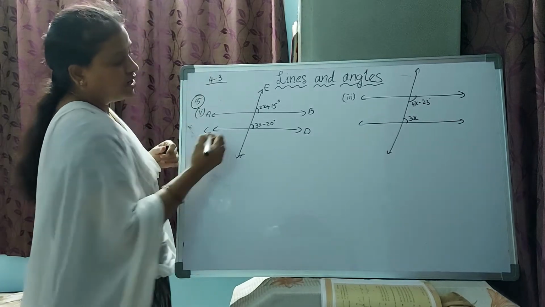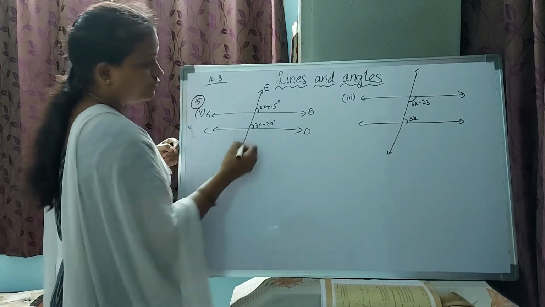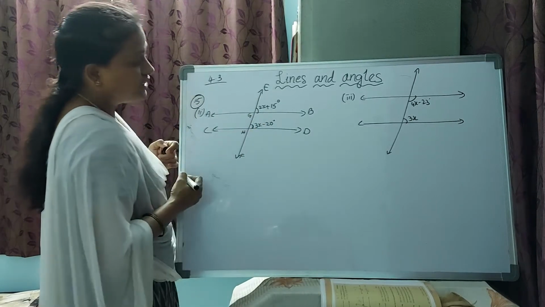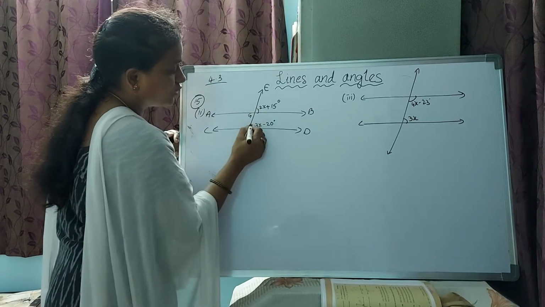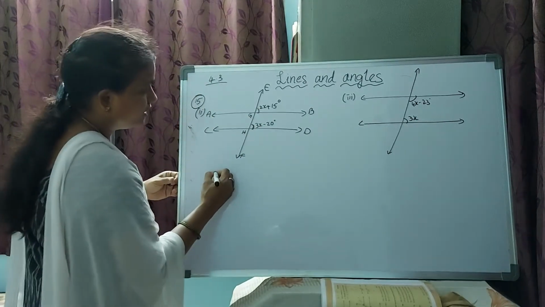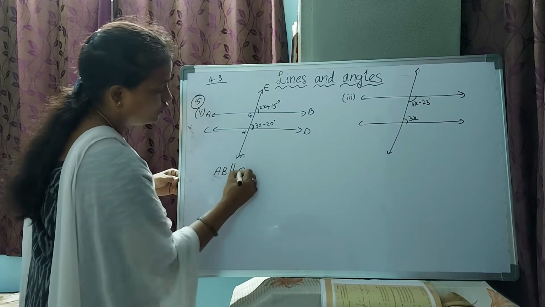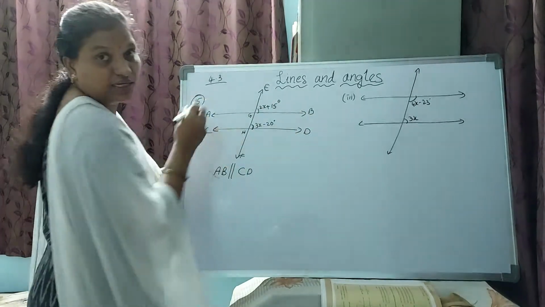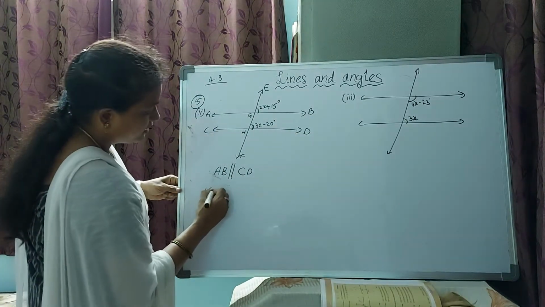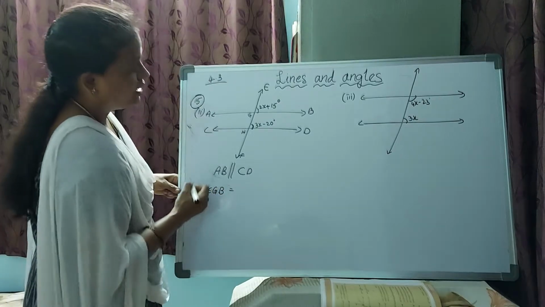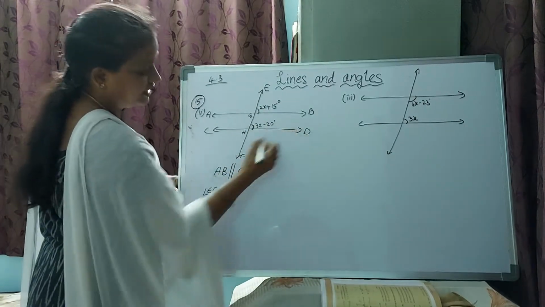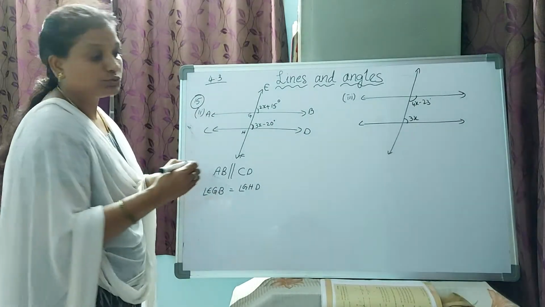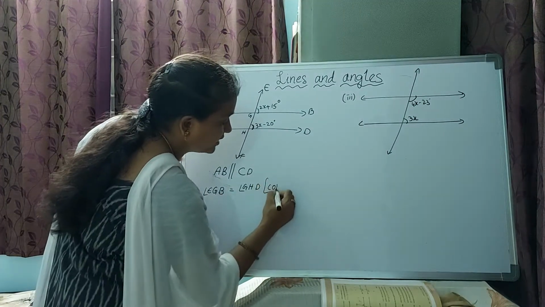This transversal meets the parallel lines at G and H. Now see here, these two angles: if AB is parallel to CD, angle EGB is equal to angle GHD. Why? Because these two angles are corresponding angles. Corresponding angles are equal.